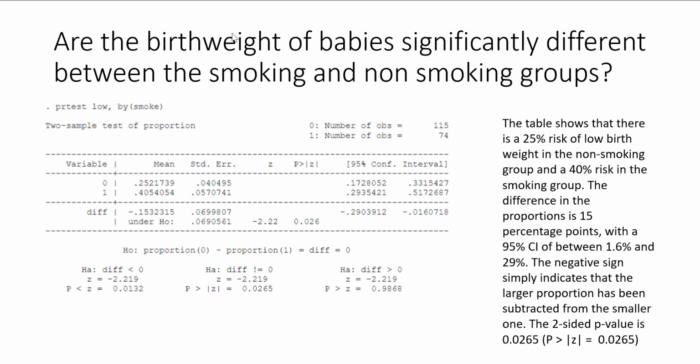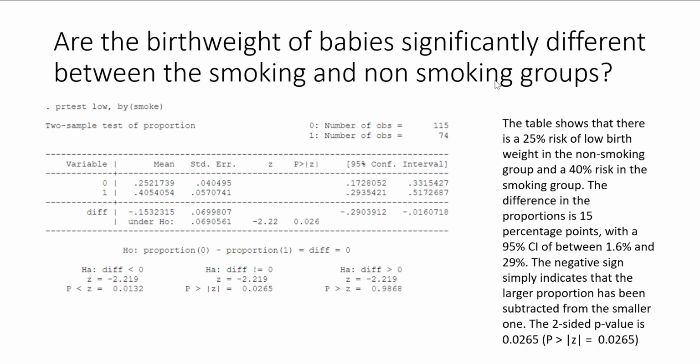So what is the outcome variable here? We have smoking, and we are seeing birth weight. Is it smoking, or non-smoking, or is it birth weight? The answer is birth weight. So birth weight is the outcome, while the risk factors, or the independent variables, are the smoking and non-smoking groups.